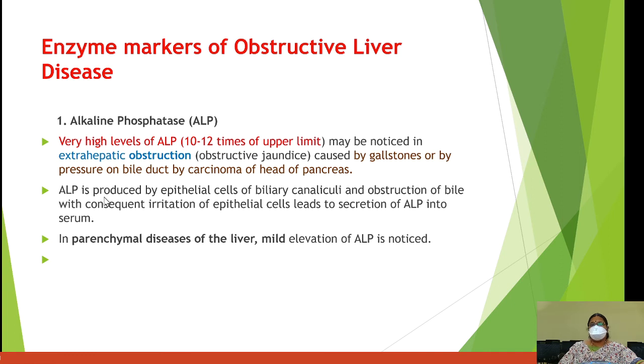Why is the alkaline phosphatase increased? An isoenzyme of alkaline phosphatase is produced by epithelial cells of the biliary canaliculi. When there is obstruction of the bile duct, there will be irritation of the epithelial cells leading to increased secretion of alkaline phosphatase into serum.